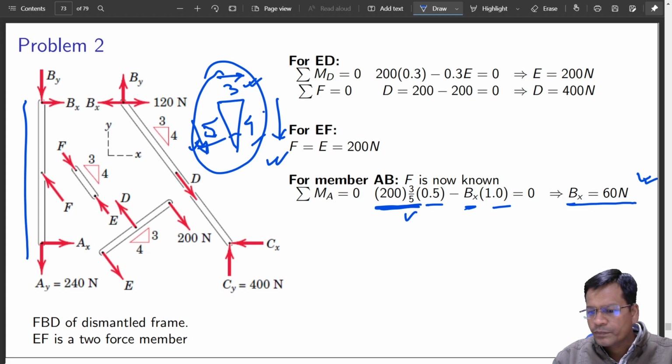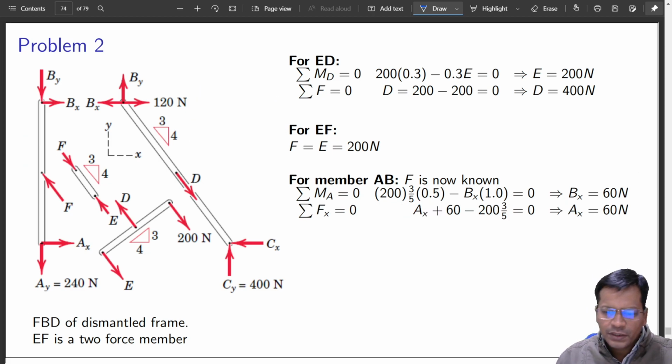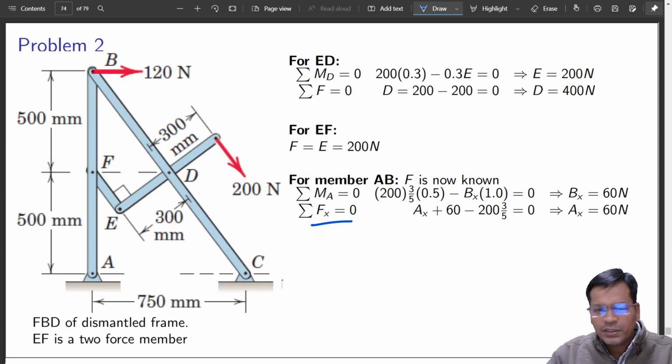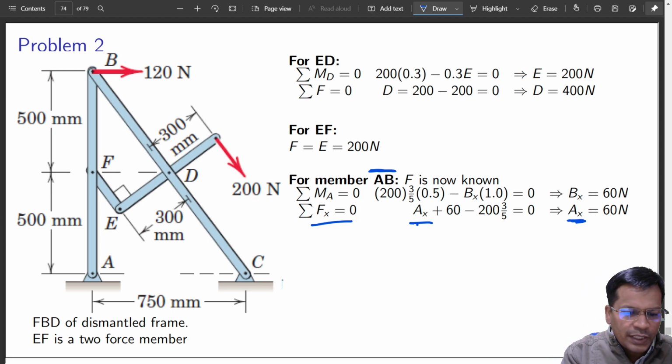Yes. So Bx comes out to be this. Fx, that is again the force at, actually this figure has become very messy, so this is Ax. This is what we also wanted to know. So I am considering which link? The sum of all the horizontal forces that act on this link should be equal to 0.